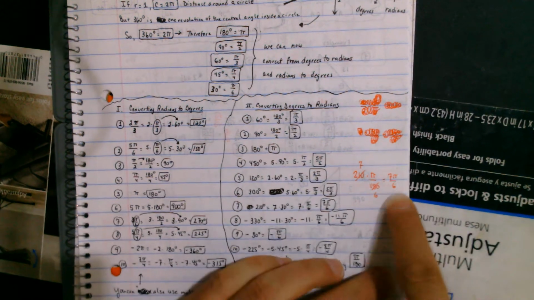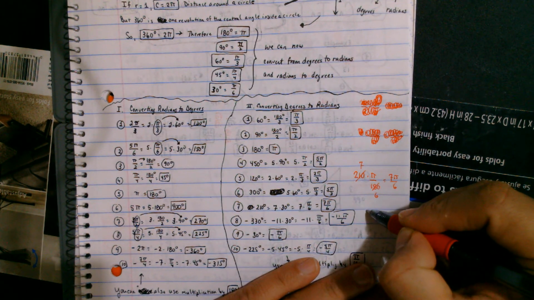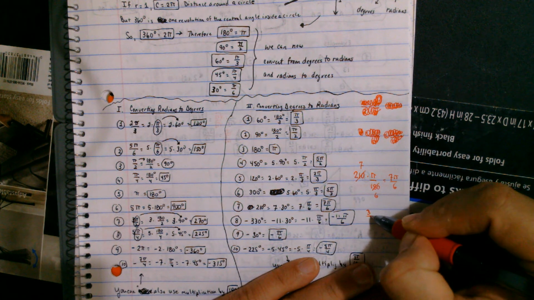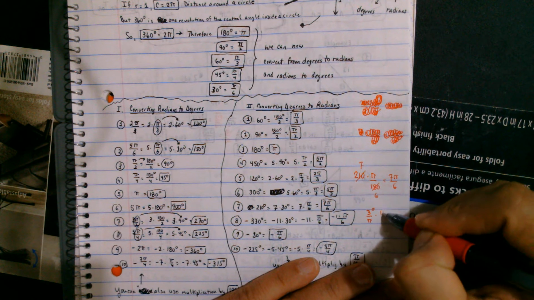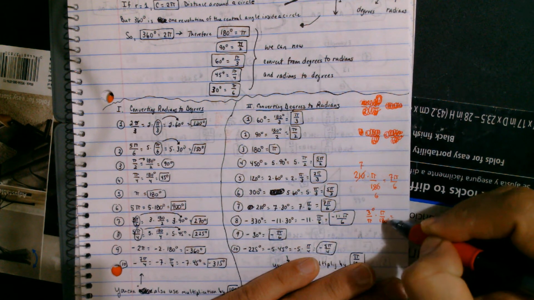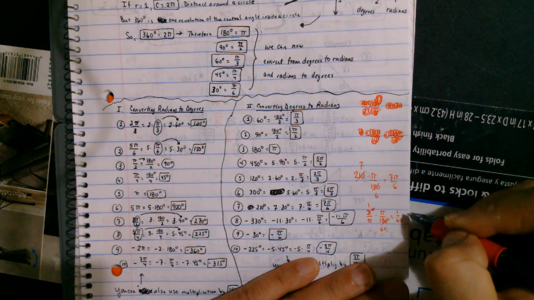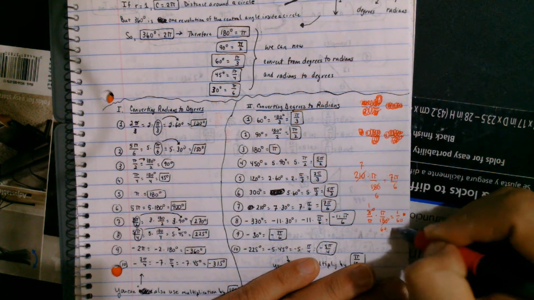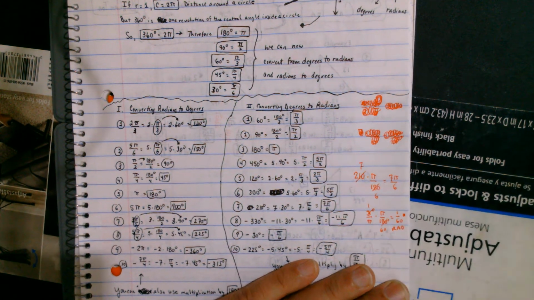Okay? Or what if you have, I don't know, 3 over pi degrees? We multiply by pi over 180. That would be 1 out of 60. So that'll be 1 out of 60 radians here. RAD for short. 1 out of 60.0 something something.